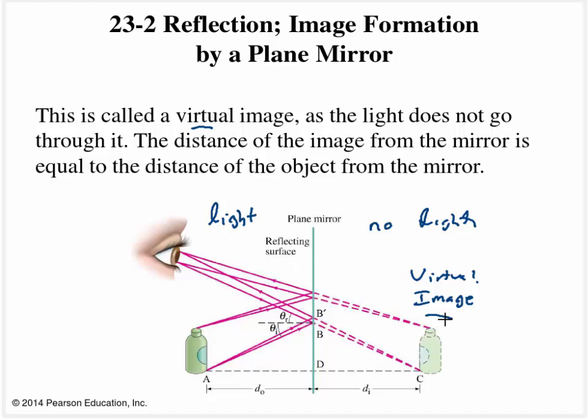Therefore, this must be a virtual image. Sounds kind of silly, but this is going to be a key concept for the next couple of slides. Since this is a plane mirror, the distance to the object must be equal to the distance to the image.